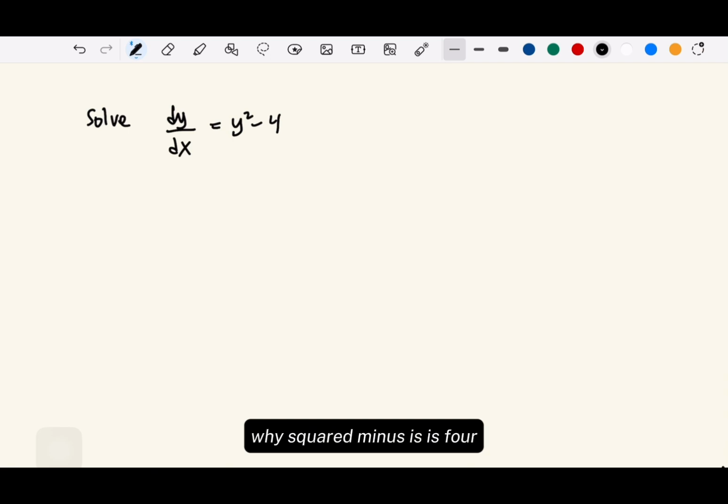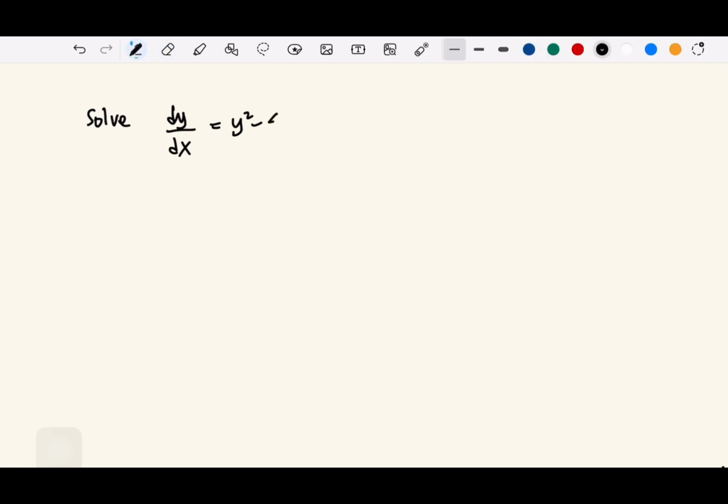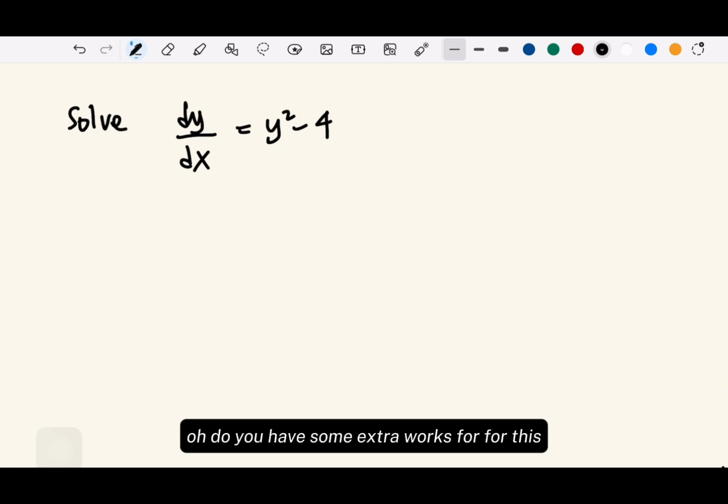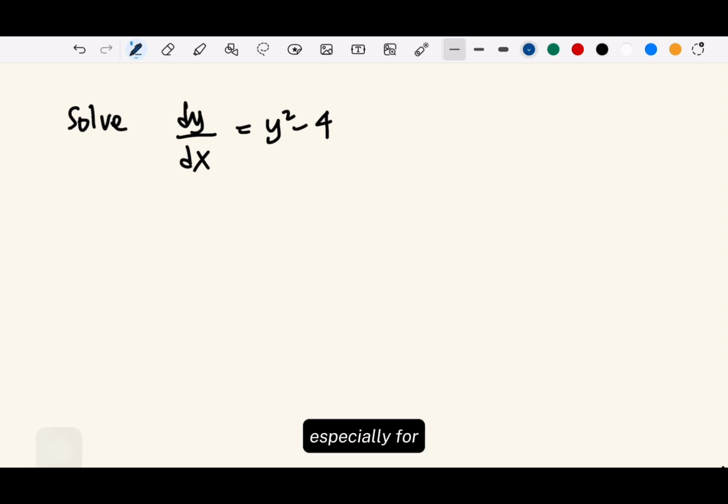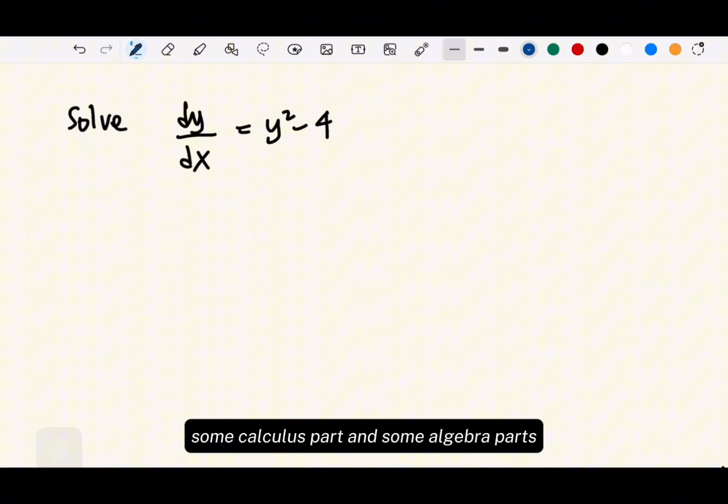y squared minus 4. Do you have some extra work for this, especially for some calculus parts and some algebra parts?